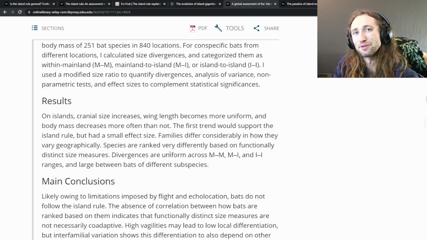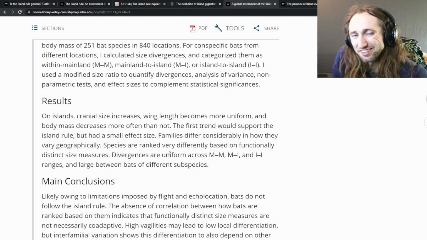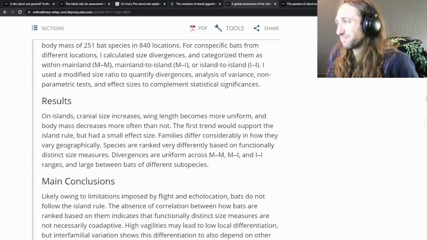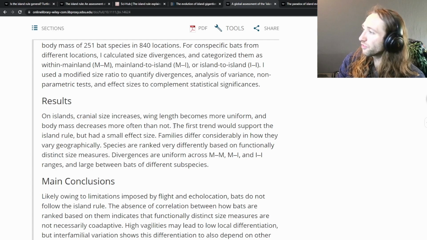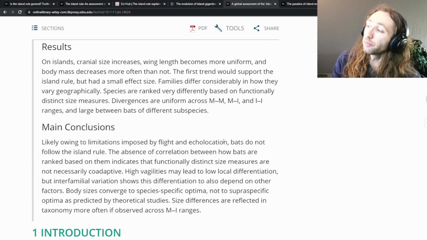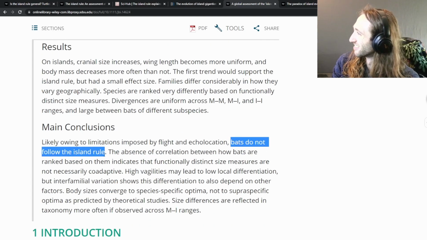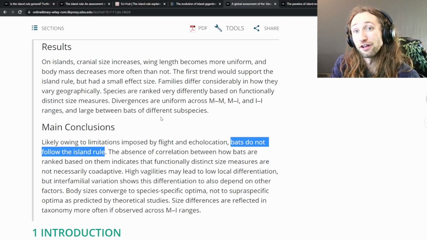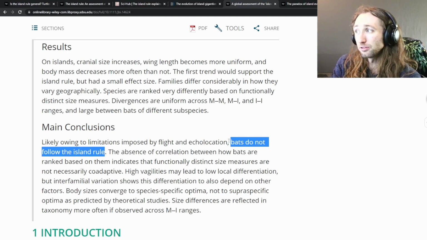I have seen papers that say this species has a statistically significant but imperceptible difference between populations. And, well, that's not functional. So, ultimately, this paper, trying not to go on tangents, is showing that the bats do not follow the island rule. And again, it seems to be more of a coin flip.